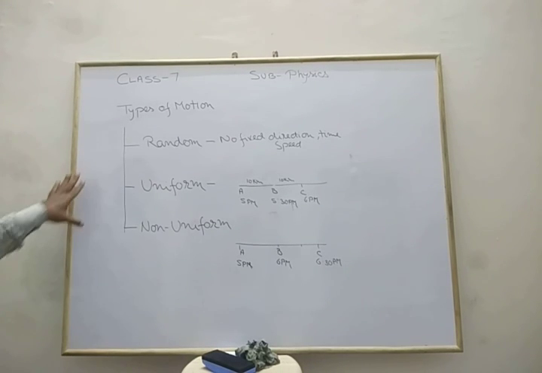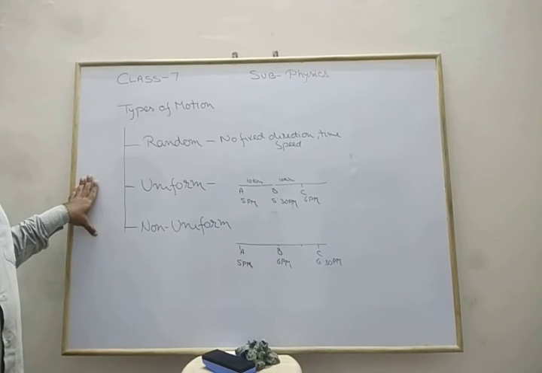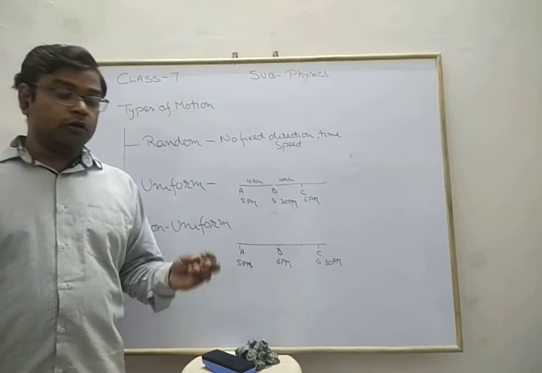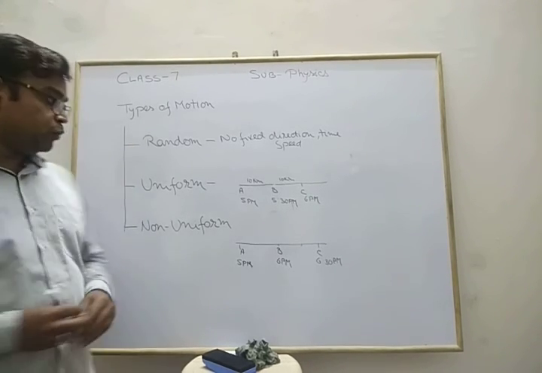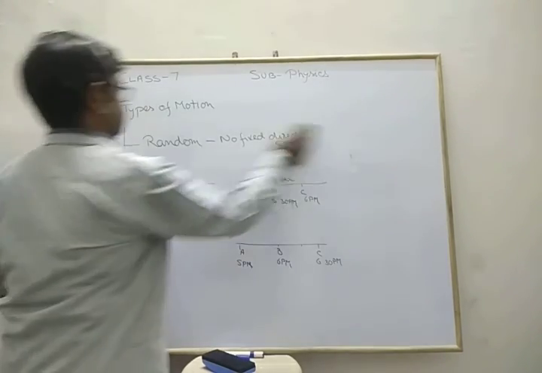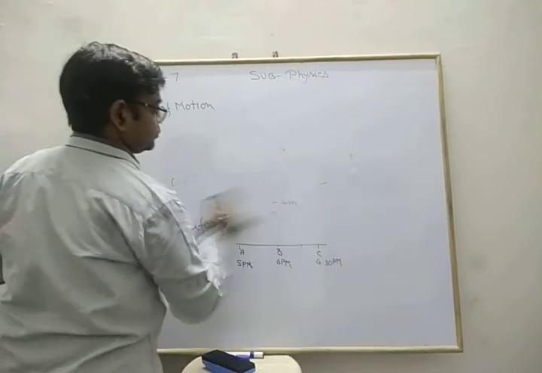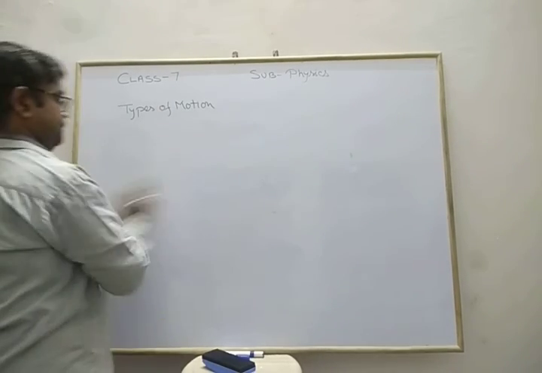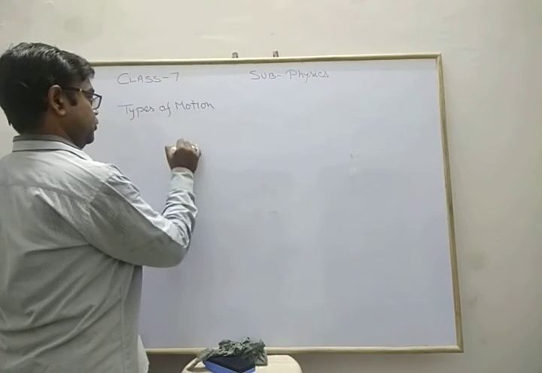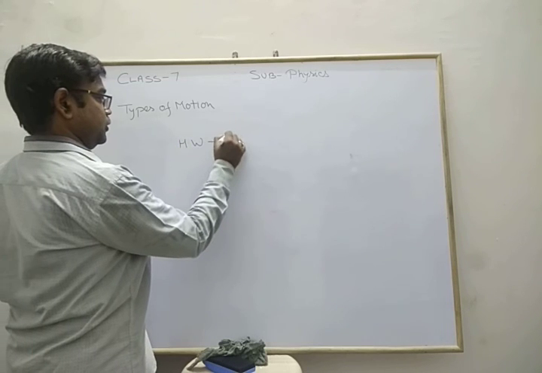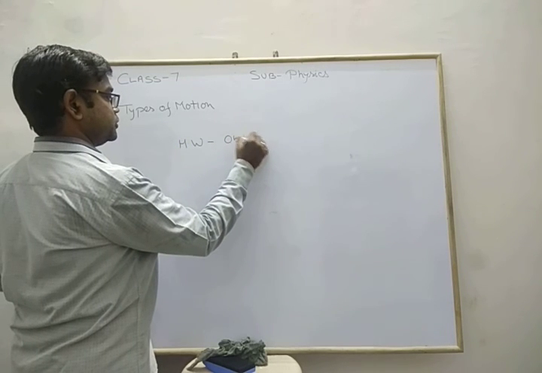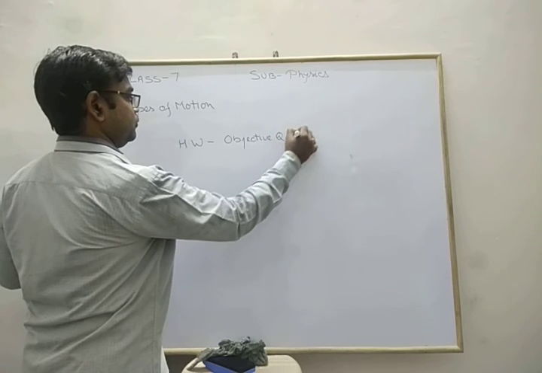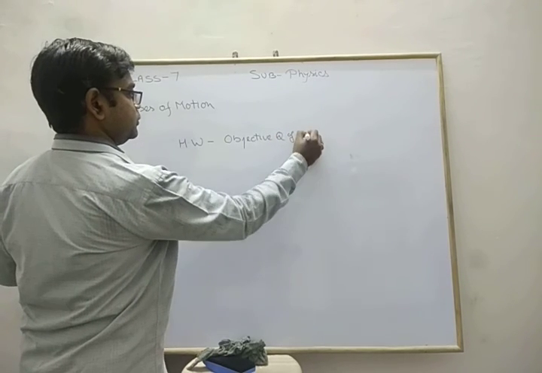Now this is all for today. Next day we will discuss speed, unit 2, speed and velocity. All of you must do the objective questions of exercise 2.1. I am writing it here. Your homework is to do the objective questions of 2.1.